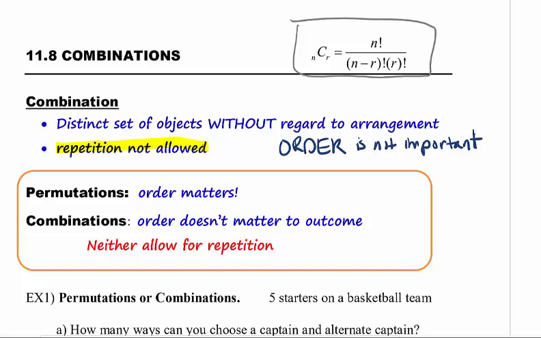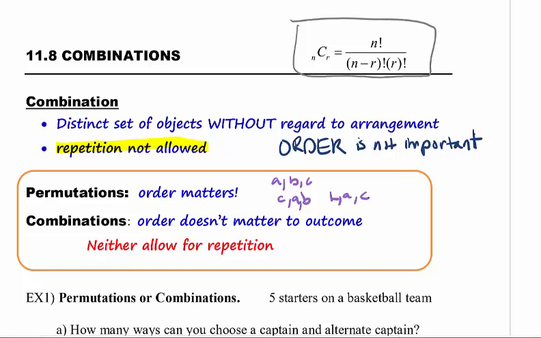You have to distinguish. So permutation, order matters. Combinations, it does not. To explain the difference, for a permutation, if I was using the letters A, B, and C, I could use CAB, I could use BAC, because the order matters. Those would be different.